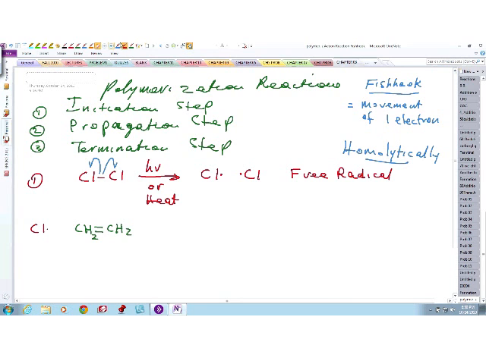In this case, one of the pi electrons here will move to bond to this chlorine, and of course once that single electron on chlorine also moves, so now you are going to form a chlorine-carbon bond right here, and this other electron here will move to this carbon here.